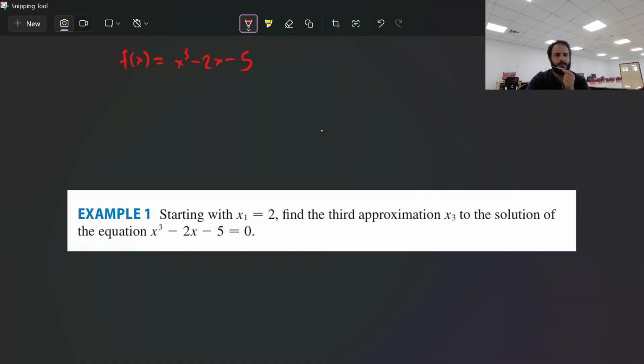Good. Next, what do we need next? The question tells you to find the third approximation. So this example is practice for the method. But in the next example I will explain how to choose x1, and how many x's you need to find. Sometimes the example or question tells you how much to find, for example, find the third approximation.